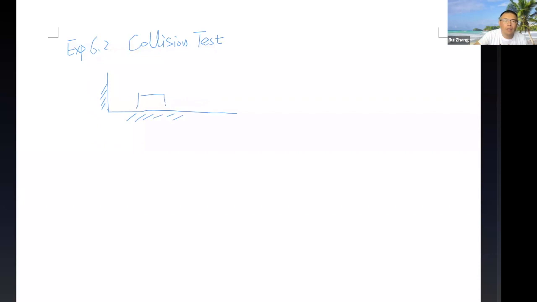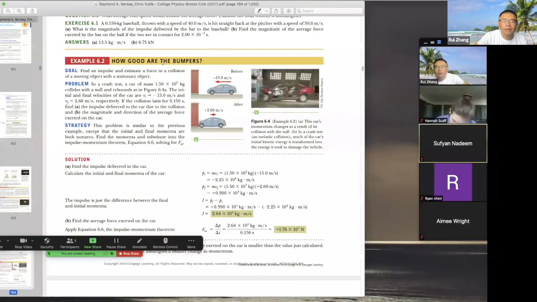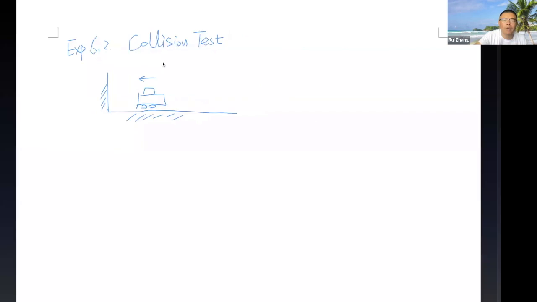So what we're given in the problem is, before collision, the car goes towards the wall with velocity of negative 15 meter per second. After collision, it goes back with positive 2.6 meter per second.